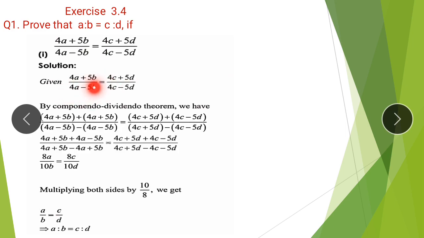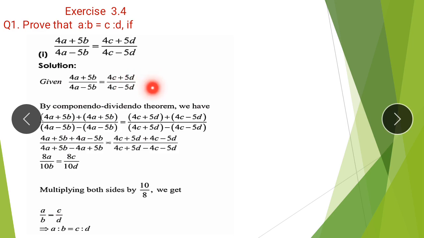Like 4a plus 5b, and in the theorem of componendo and dividendo we know that we add the denominator to the numerator. So 4a plus 5b will be written as it is, then plus sign, then the denominator will be added. Since we are applying componendo and dividendo, plus as well as minus. So again 4a plus 5b should be written, then minus sign, then the second quantity should be subtracted.